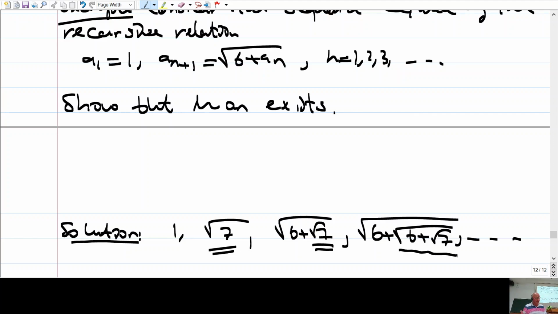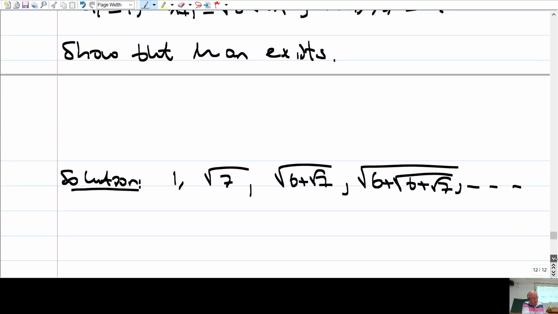Similarly, this is larger than this one, but it's not clear why it is larger. Let's see.